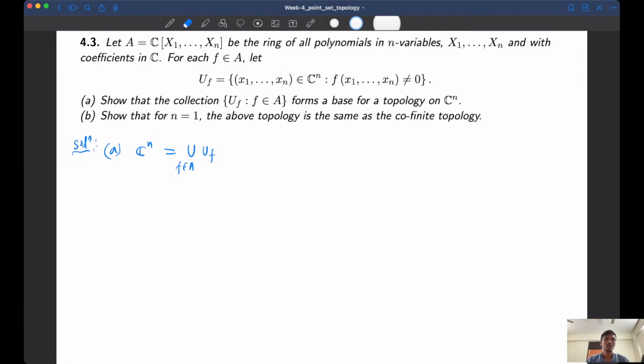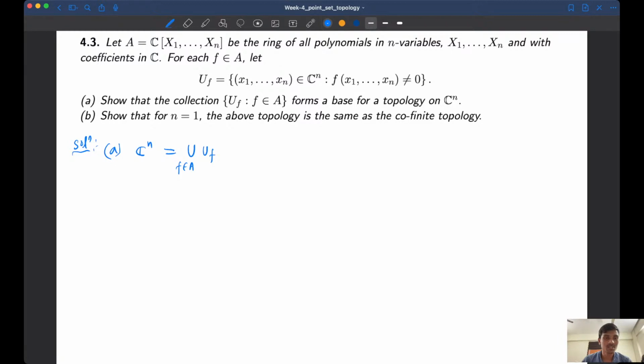Basically, it's a shifting technique. Yeah, it's kind of a shifting technique, but you actually don't need all polynomials in n variables. You can focus on finitely many polynomials, and if those contain all the elements of Cn, you are done. You don't have to take all the union, because there are many overlapping things anyway.